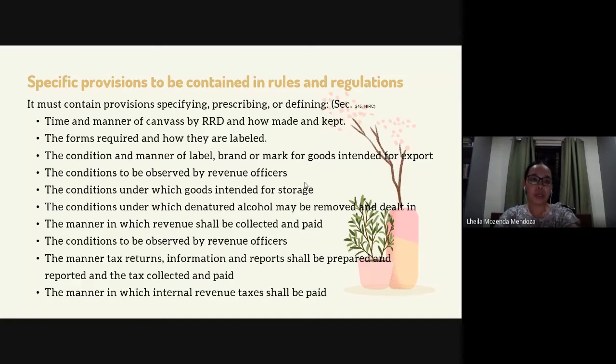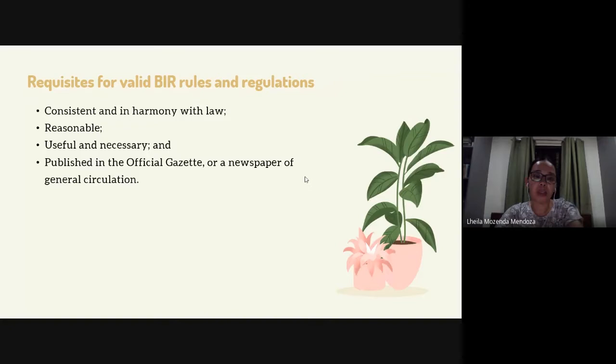It also requires the forms and how they are labeled, the condition and manner of the label, brand, or mark of the goods intended for export, conditions to be observed by the revenue officers, the conditions under which these goods are intended for storage, the conditions under which denatured alcohol may be removed and dealt in, the manner in which revenue shall be collected and paid, the manner of tax returns, information reports which shall be prepared and reported, and tax collected and paid, and the manner in which internal revenue taxes shall be paid.